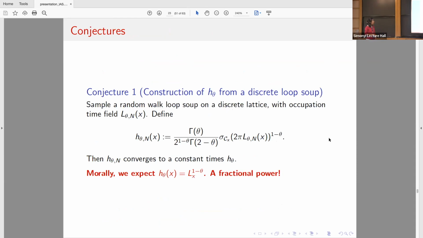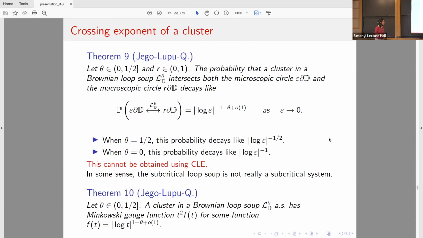Now let me give you some conjectures which will give you some intuition. With respect to this Minkowski gauge function, is the actual measure the occupation measure of the loops? Yes. In fact, we expect that this Minkowski gauge function will be equal to this field H theta restricted to that cluster.